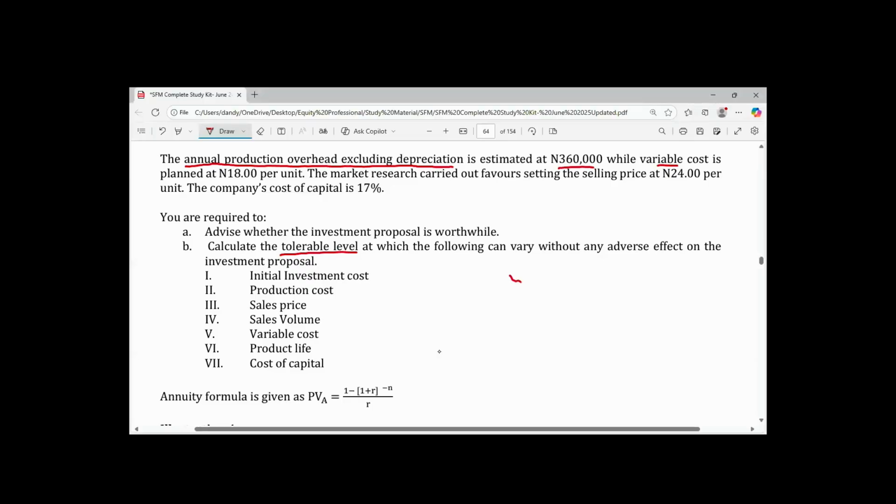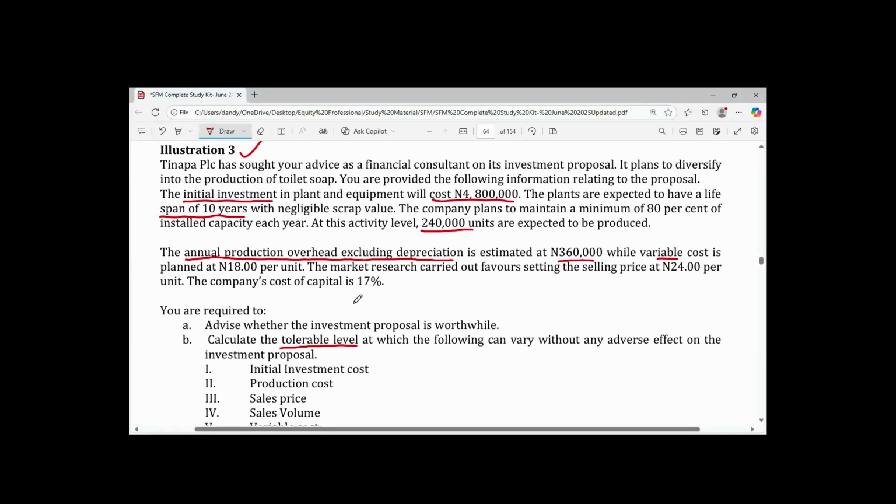Was it question 2 or 3? It was a decision tree, 20 marks. So let's talk about simulation. Instead of switching, let me go back to the working notes and use that one to explain it. You can open the material at your end.